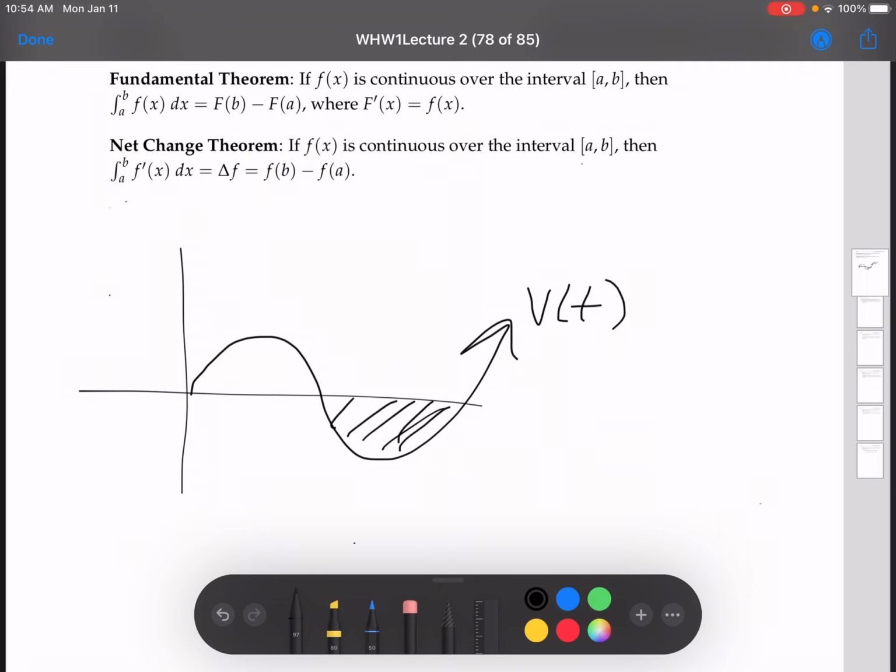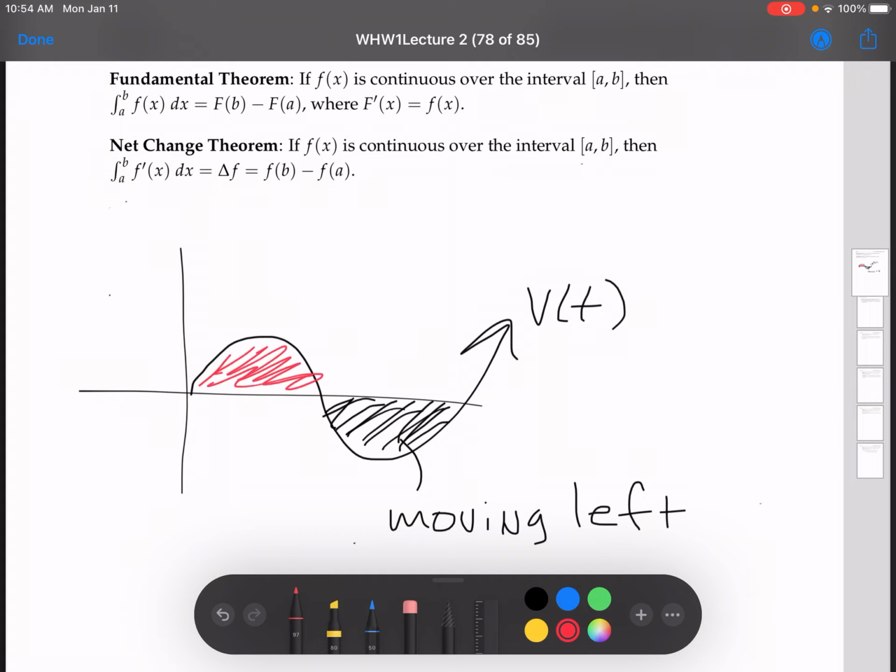This area here represents moving left. This area here represents moving right. So this is the cart moving right, all this. This change in position is the change in position moving to the right. This change in position is change in position moving left.